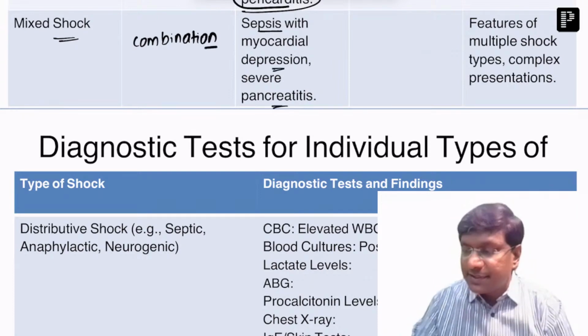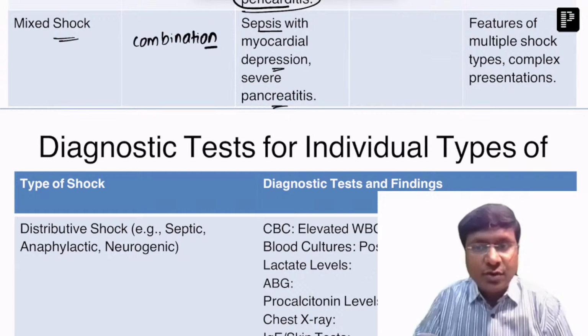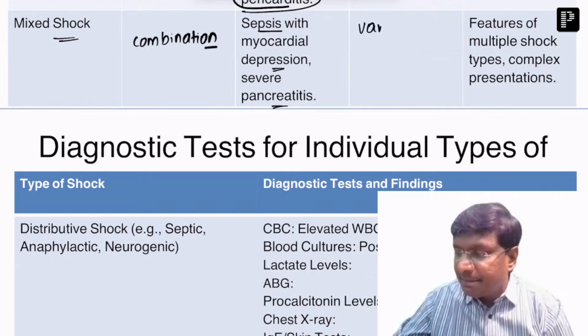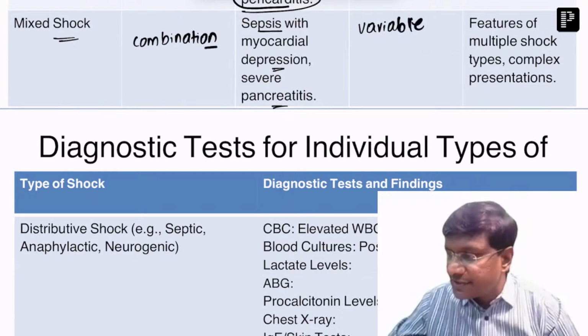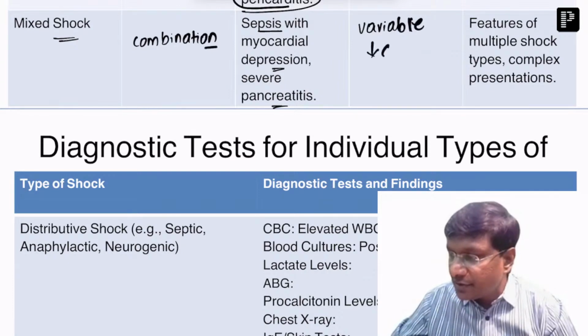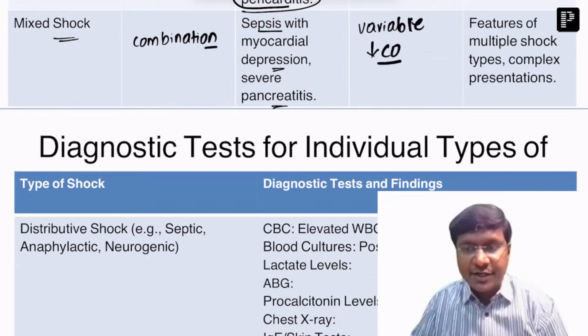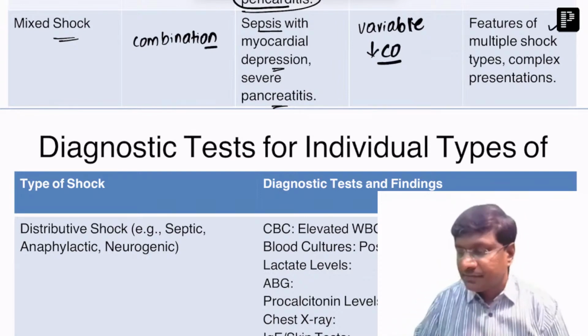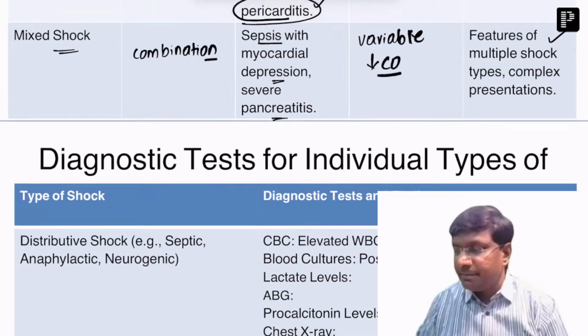And next, severe pancreatitis would be a cause for mixed shock. Here the hemodynamic parameters are always variable. And what will happen to the cardiac output? There will be a decrease in the cardiac output. And the clinical features will always be mixed.